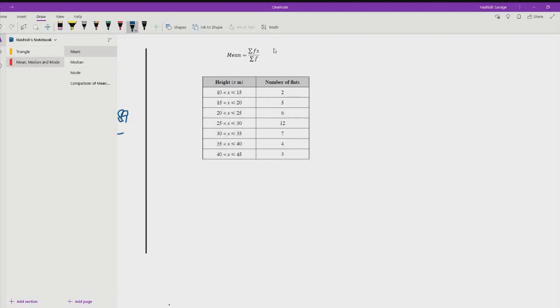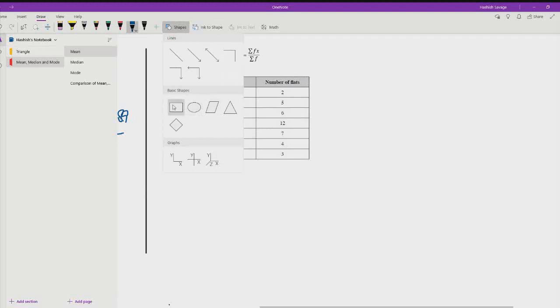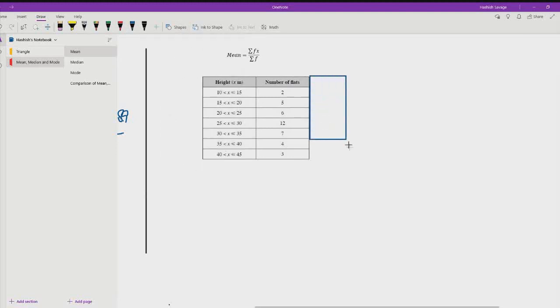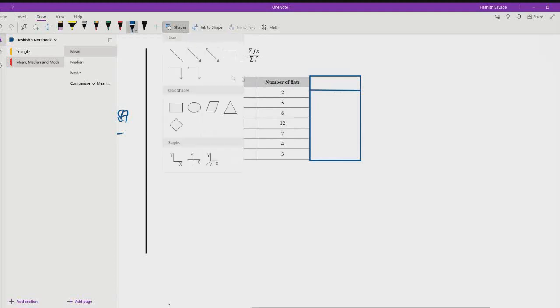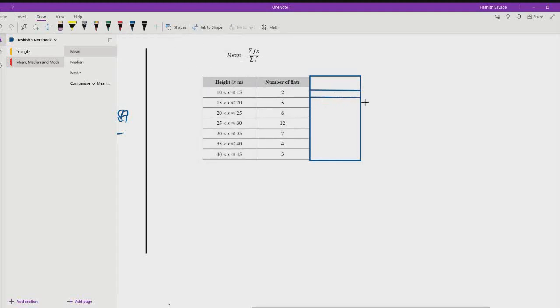So in order to get that column, first of all, you need to draw a column over here similar to these, and then divide it into lines as well, like I'm doing for just two of the parts over here.